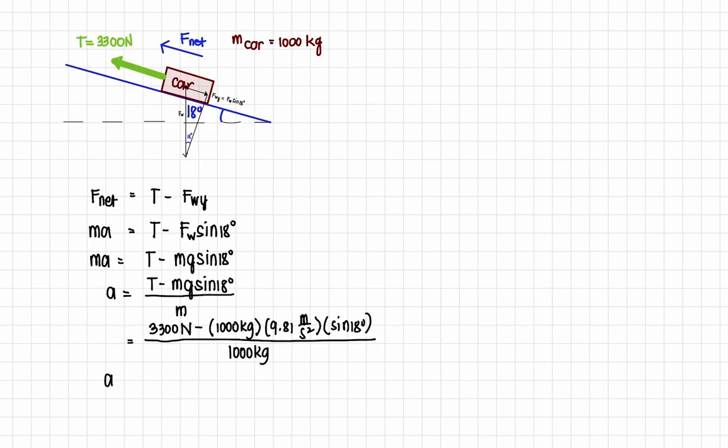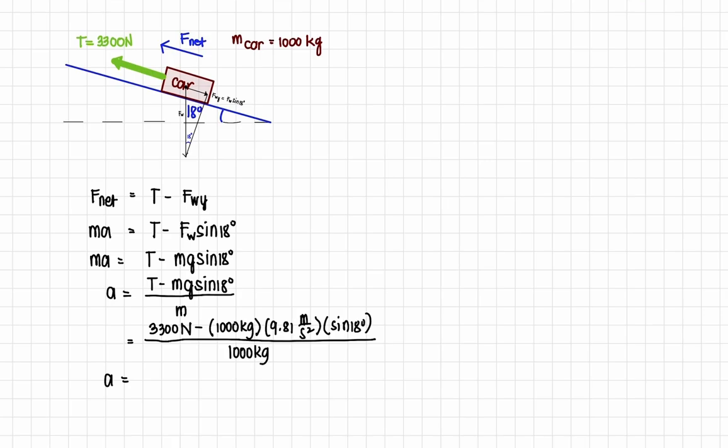So compute using your calculator what is the acceleration of the car. So input in your calculator as it is. Make sure that the mode of your calculator is in degrees because the angle is in the unit degrees.